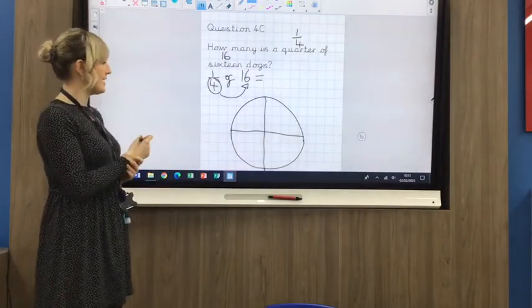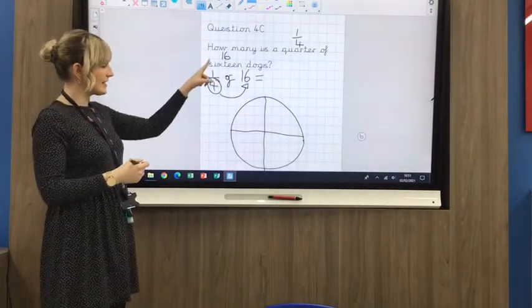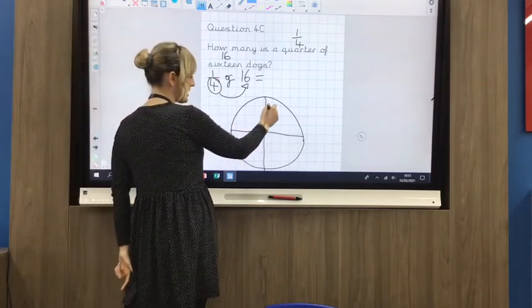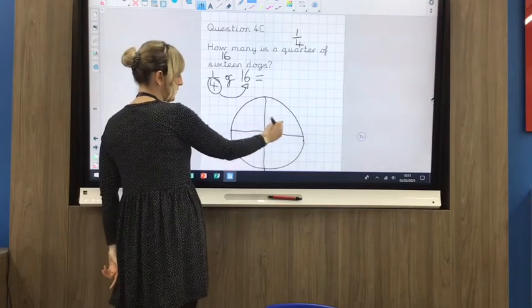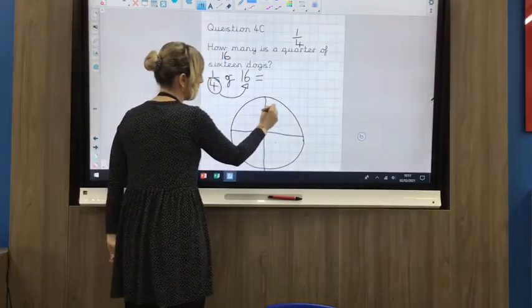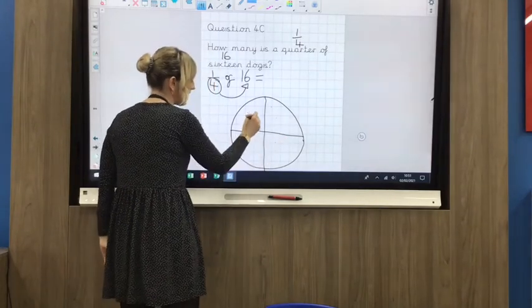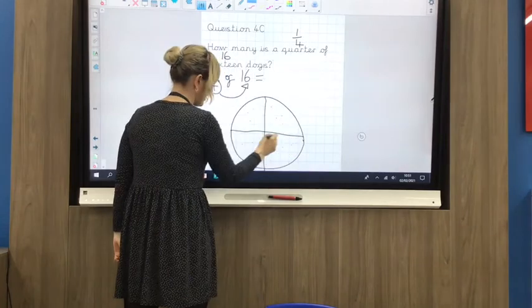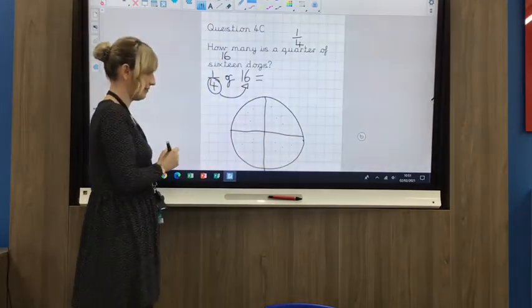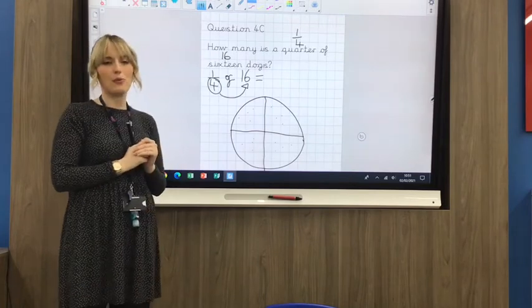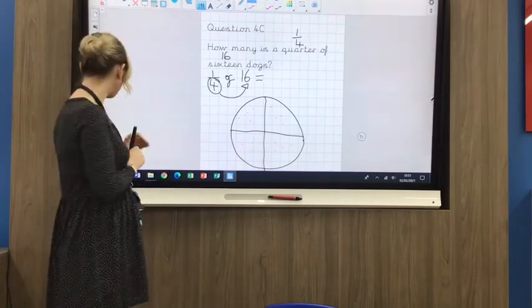I now need to share out my 16 dogs into quarters. So I'm going to count to 16, making sure I share equally. Count with me. 1, 2, 3, 4, 5, 6, 7, 8, 9, 10, 11, 12, 13, 14, 15, 16. So you can use that picture to help you work out what 1 quarter is.